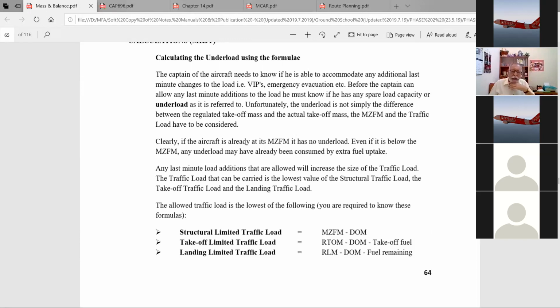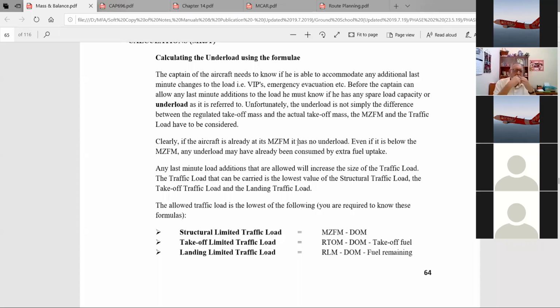Now, this is what you need to remember. If the aircraft is already at its maximum zero fuel mass, it has no underload. We've studied the maximum zero fuel mass in our definitions. And we said that if there is no fuel in the wings, then the limited maximum zero fuel mass can never be exceeded.